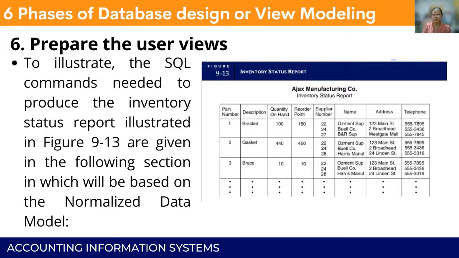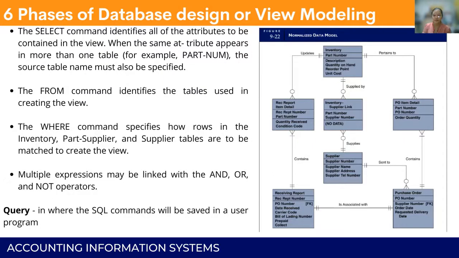The SQL commands needed to produce the inventory status report illustrated in figure 913 are given in the following section, based on the normalized data model. So based on figure 922, the normalized data model, the select command identifies all of the attributes to be contained in the view.